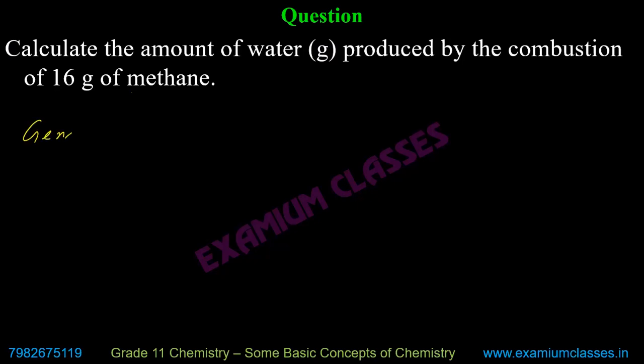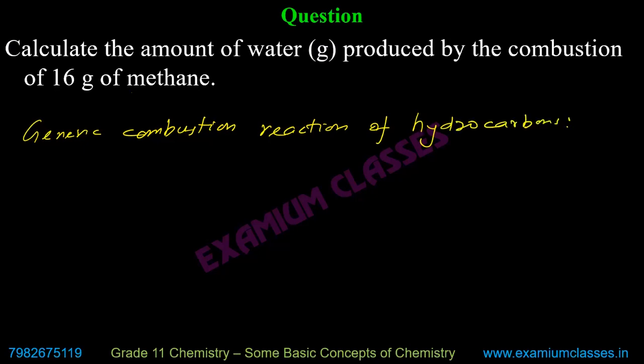General or generic combustion reaction of hydrocarbons. Hydrocarbons means alkanes, alkenes, alkynes, means only carbon and hydrogen present there. So you write CxHy, certain moles of carbon, certain moles of hydrogen.